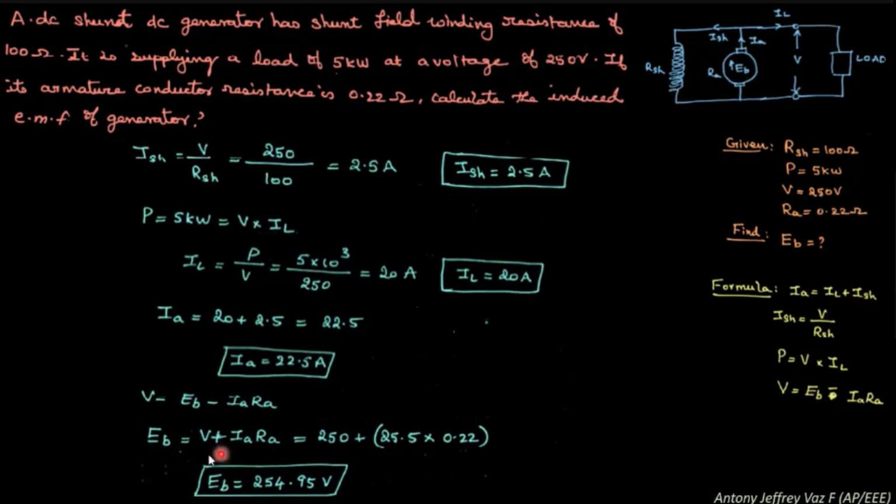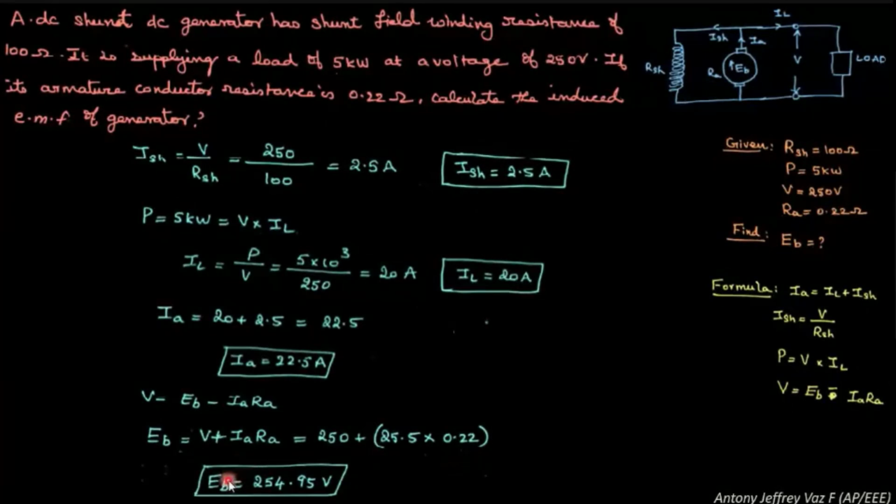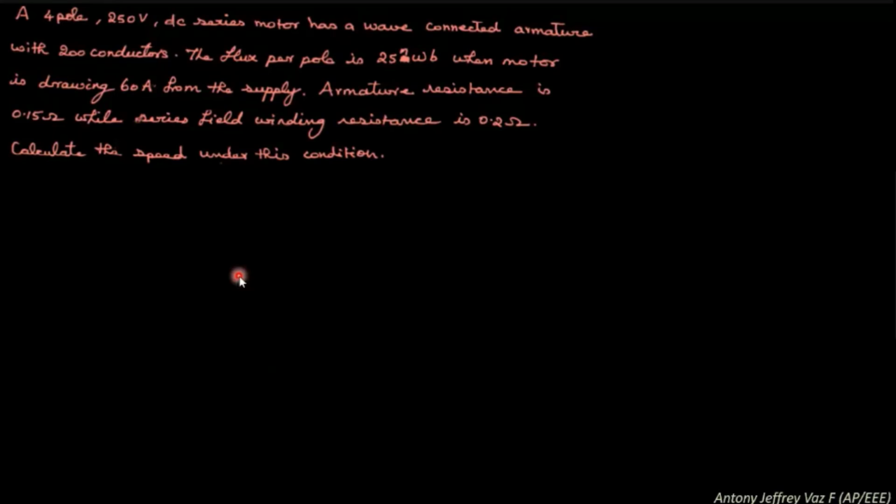So you know the voltage is 250 volt and the armature current IA is nothing but 22.5 amperes and RA is 0.22. So substitute all the values and you will get the generated EMF EG or EB as 254.95 volt.